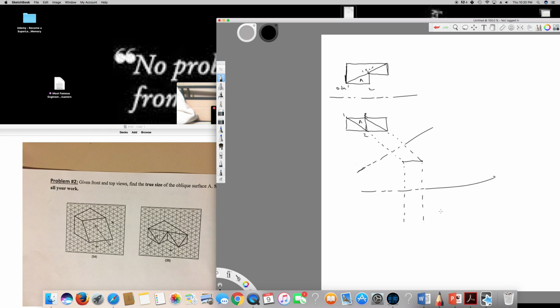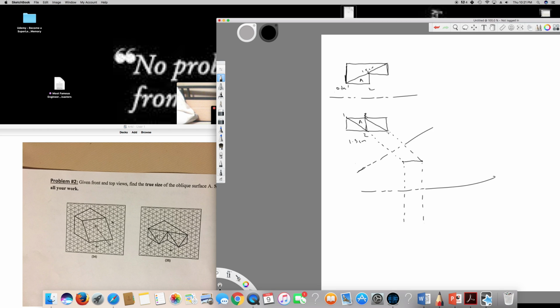Now we have to measure the distance of the front view from this phantom line. Let's say this distance is a little bit too far, like 1.5 centimeter. Remember guys, we shouldn't worry about other things, like this one.